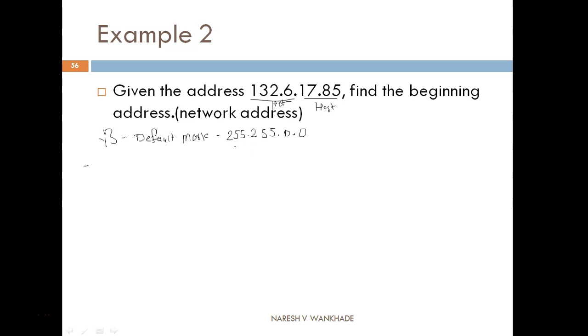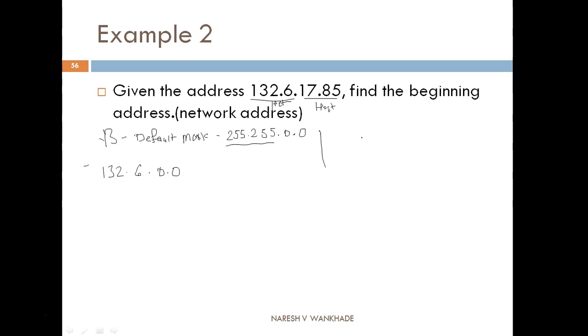Remember, the address is given there in the dotted decimal format. That's why we are going to use dotted decimal default mask. If the address is given in the binary value, then we have to use default mask in the binary notation. In this case, first 2 bytes belongs to network ID, which is having a default mask 255.255 will be as it is, means 132.6 remaining bytes set to 0.